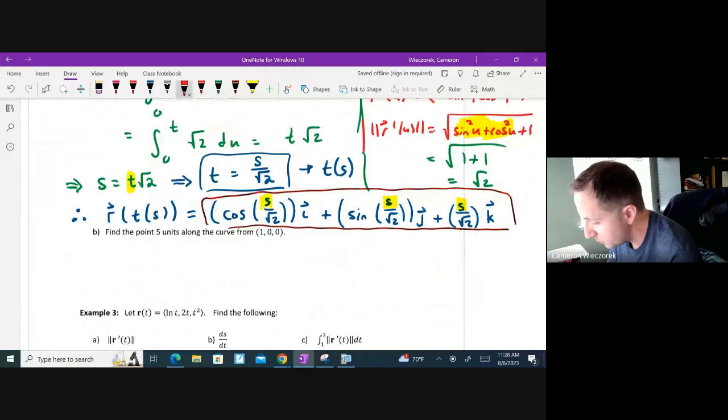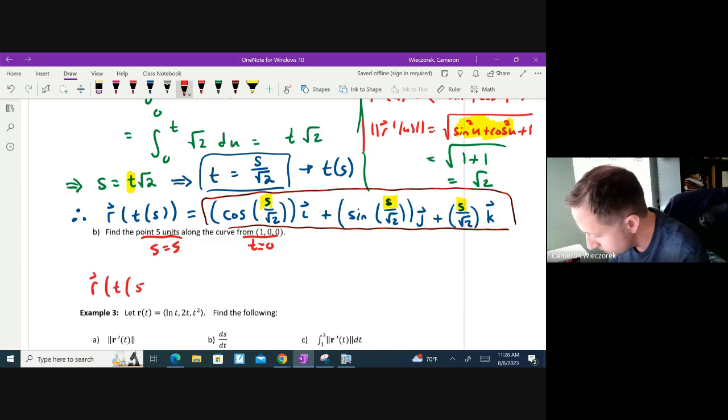So let's try it for one specific example. Find the point 5 units along the curve from t equals 0, from 1, 0, 0. This was t equals 0. 5 units along the curve means that the arc length is 5. So all I'm going to do is find r of t by plugging in 5 for s. I'm going to do a vector first, then I'll change it to a point after.